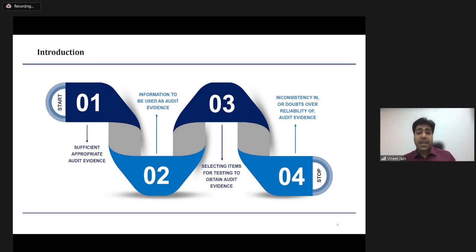Then the third aspect is selecting items for testing to obtain audit evidence, wherein we talked about three ways of selecting items: audit sampling, selecting all items, and selecting specific items, in which we discussed that audit sampling is the most common and effective way. And last but not the least, we talked about inconsistency in or doubts over the reliability of the audit evidence, wherein if you observe any kind of inconsistency in audit evidence, maybe from different sources, then there may be doubts in our heads as auditors, and accordingly we need to document that inconsistency and form an audit opinion accordingly.